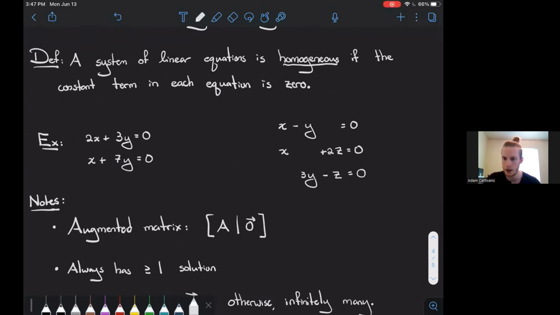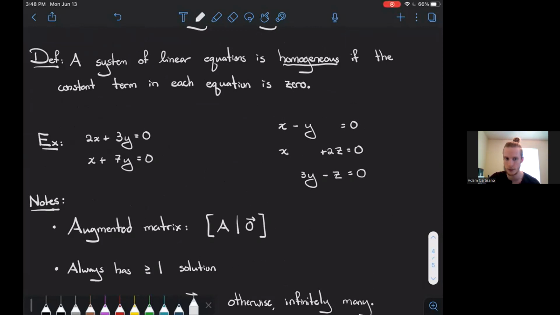Okay, if we were to write this as an augmented matrix, notice we're writing it as A augmented with the 0 vector. Something that's very interesting is that this thing always has at least one solution. It's the 0 vector, right?